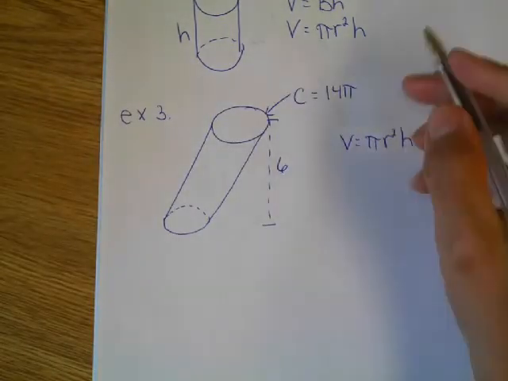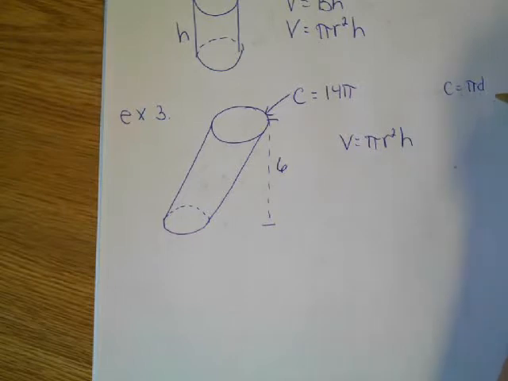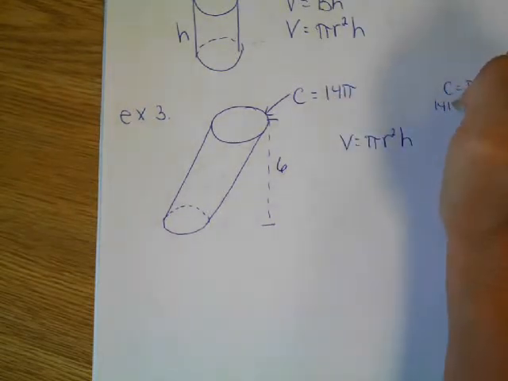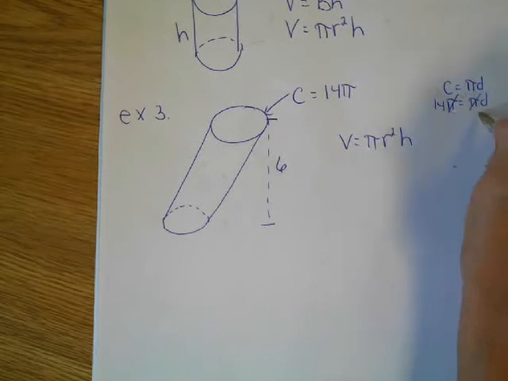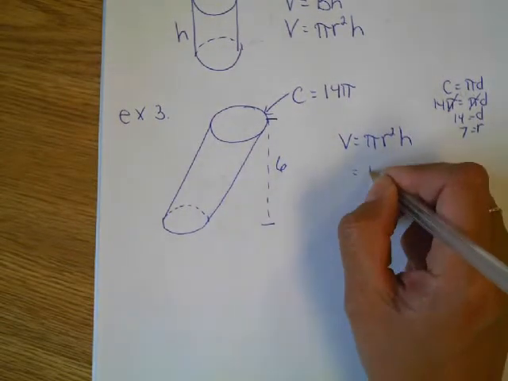So, off to the side, I'll go here. Circumference equals pi times diameter. We've got the circumference being 14 pi. I can divide by pi and see that the diameter is 14, which gives us a radius of 7. Cut it in half. And now it's super easy.